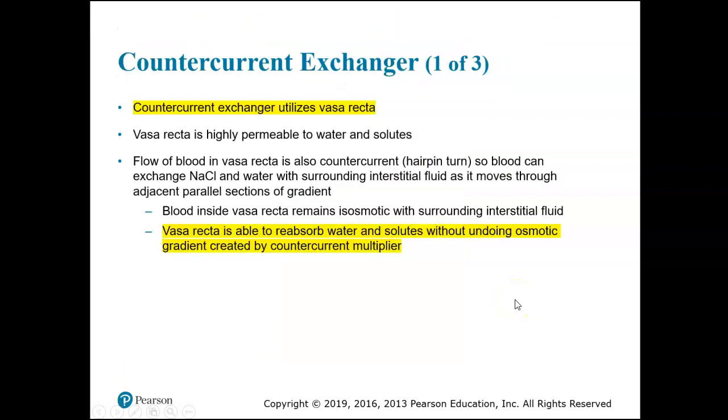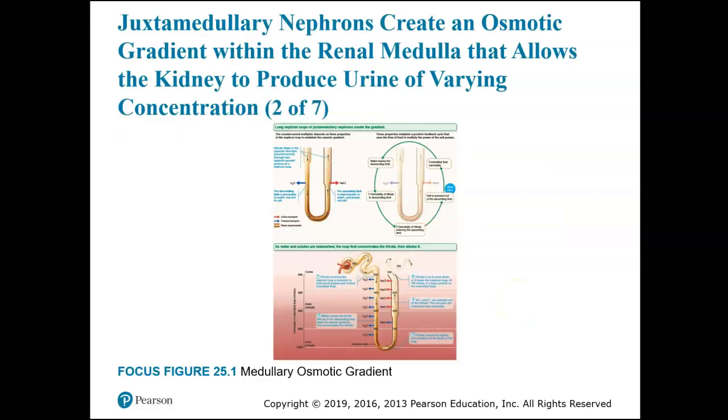It's really hard to understand, and I'm sorry, you don't have to understand it. You just have to know that the only question you would be asked is about the nephron loop. The purpose of the nephron loop is to concentrate the urine.